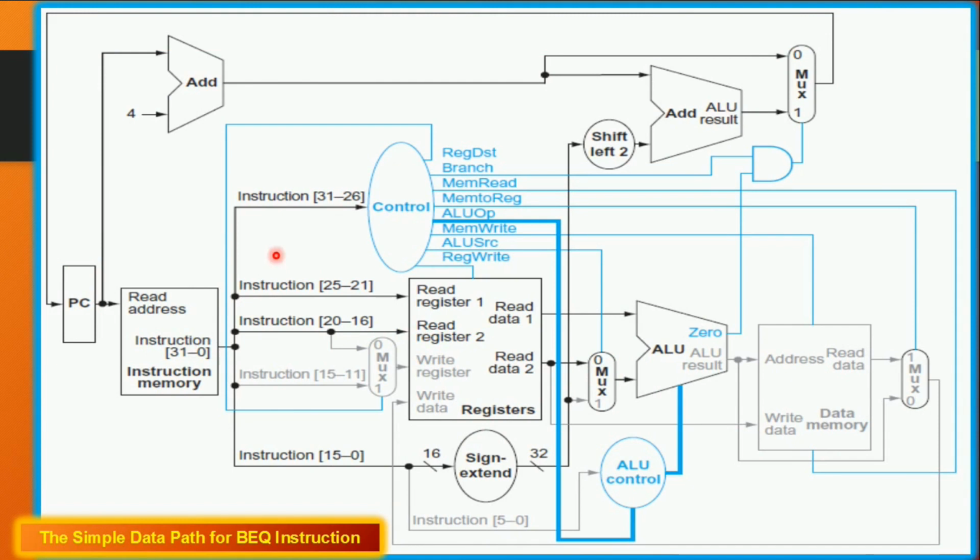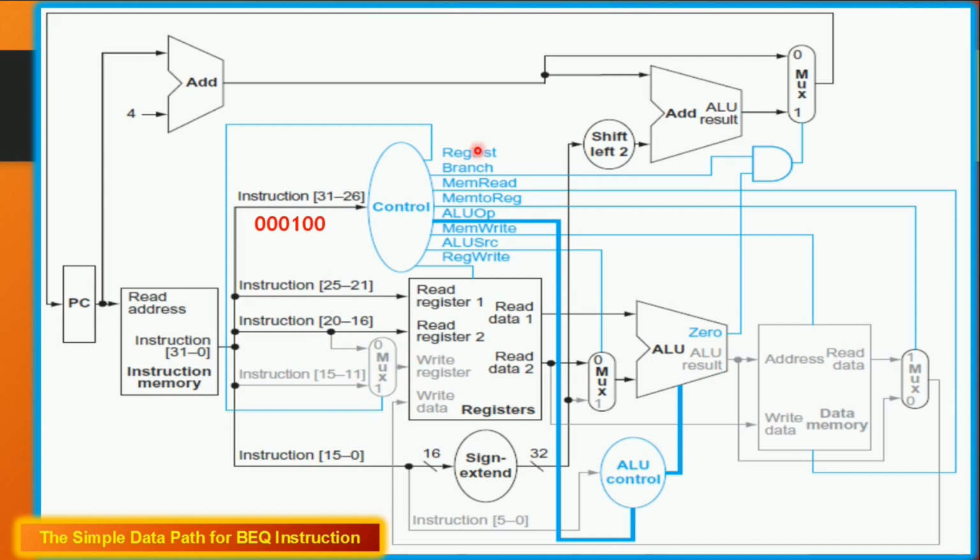The control unit will be looking at the first 6 bits of the instruction field, that is your opcode. Here opcode is 4. So by seeing the opcode, it can understand that it is a branching instruction. So here both RS and RT are source registers. So RT should not be chosen as destination register.